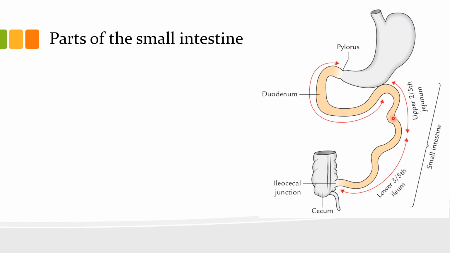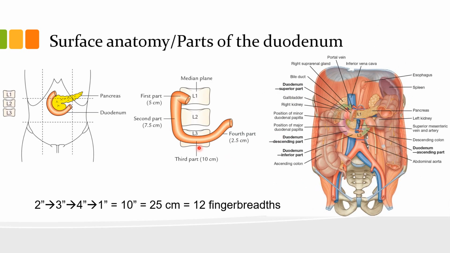The jejunum forms about the proximal 2/5 of the length of the intraperitoneal intestine, while the ileum forms the distal 3/5, and it leads into the large intestine at the cecum, at this area which is known as the ileocecal junction. So starting with the duodenum.